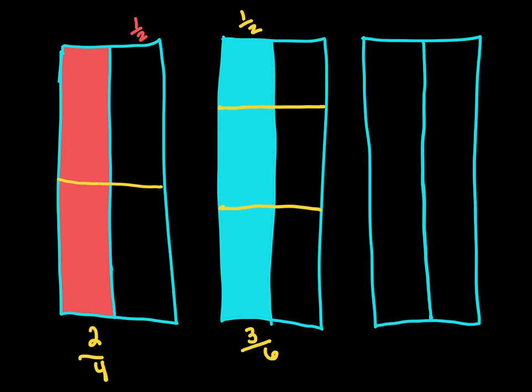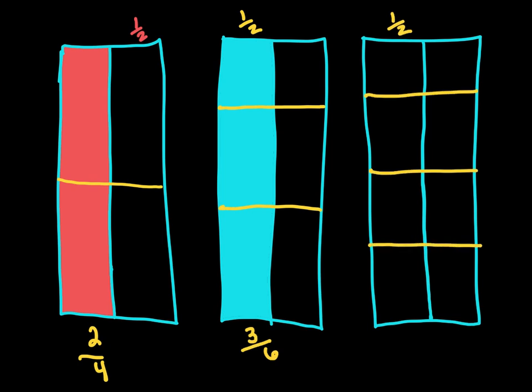All right, the last one, still showing that this is a half, but now we are going to cut this up into 4 pieces. All right, so let me go back a little bit and make this a little bit more equal. 1, 2, 3, 4.